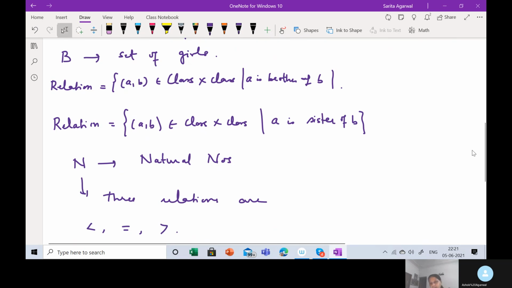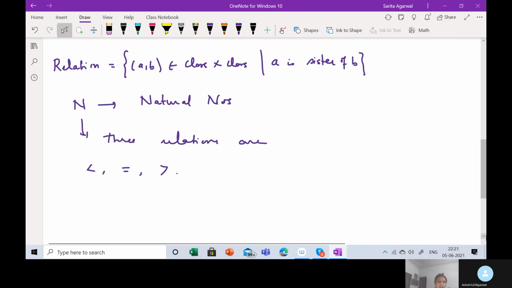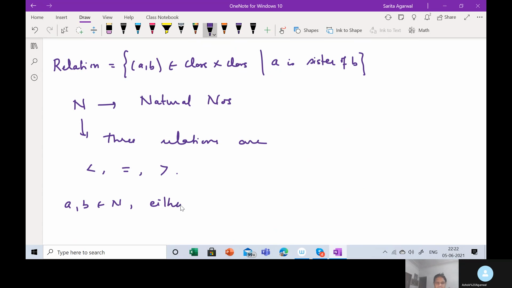Means if A and B are in natural numbers, then either A is smaller than B. This is one of the relations. A can be equal to B is another relation. A can be greater than B. That's a mathematical relation in natural numbers.